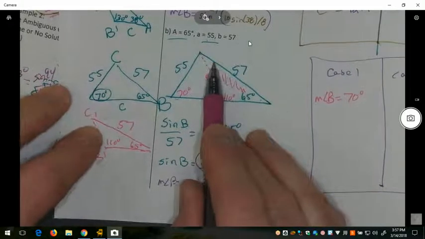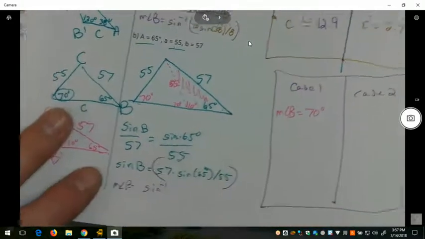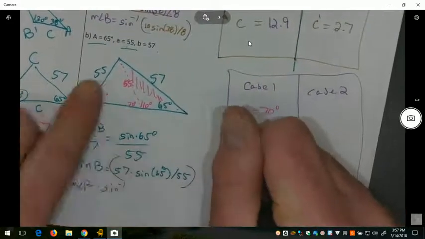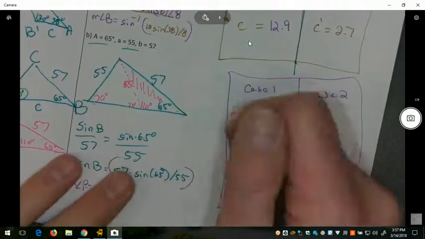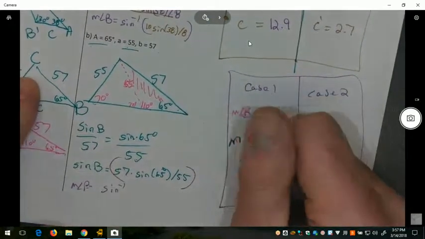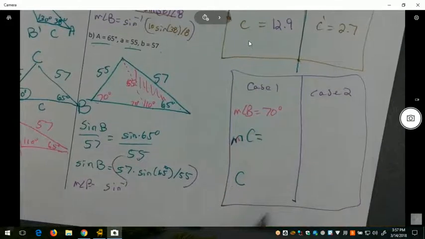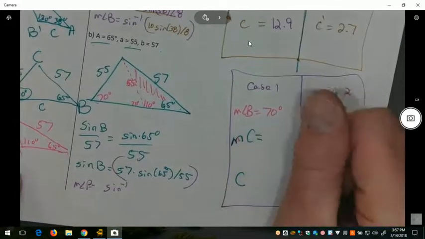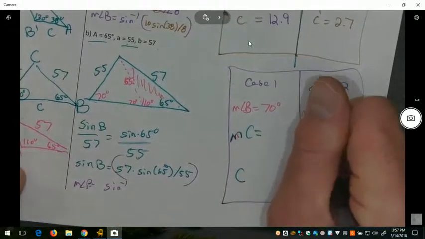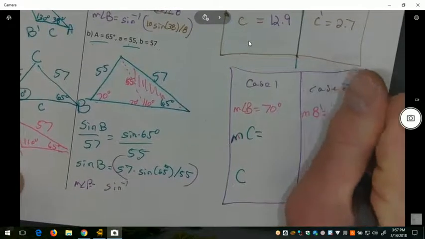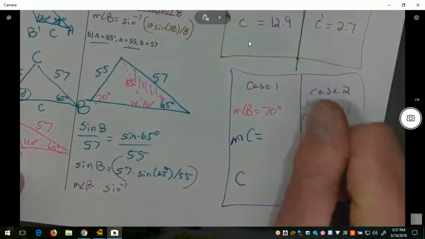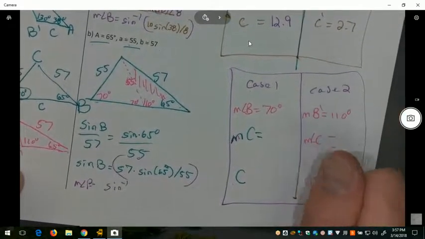The skinny angle should be smaller than this angle of C. So in the two triangles, we have to find angle C and side C. In the pink triangle, we already know B prime, that's 110. We have to find the measure of angle C and the length of side C.